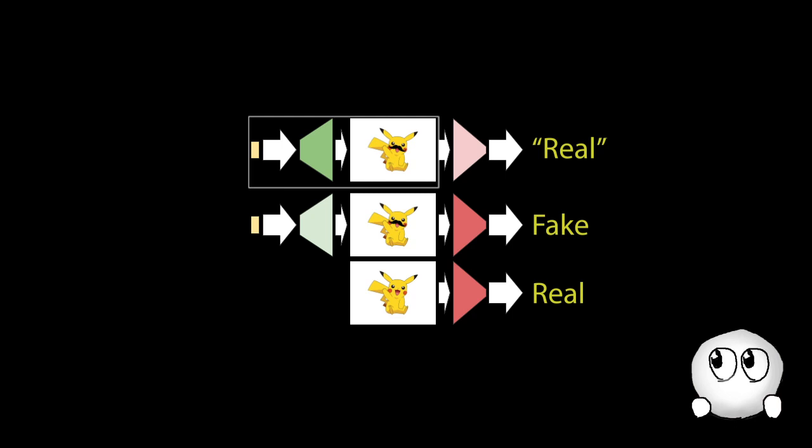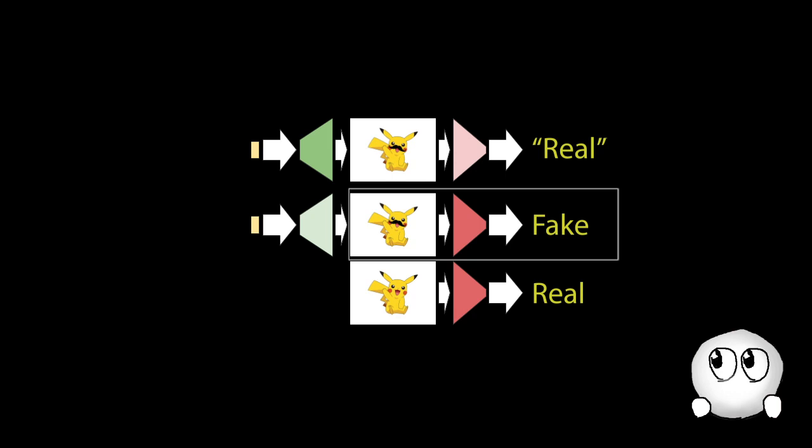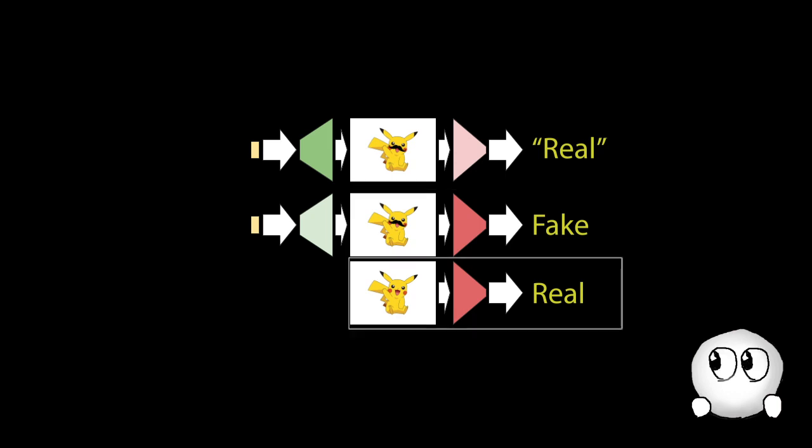This image will be inserted into the discriminator model, the red one, and it will determine if this image, which was generated by the generator, is a fake or not, or a forgery or not. If it's a fake one, the discriminator must learn to say this one is fake. Whereas if it actually sees a real image, in the bottom part, it would have to say that's true, that's a real image.